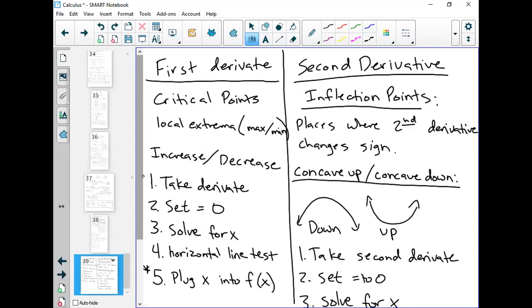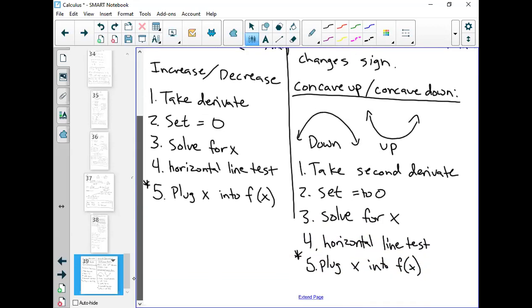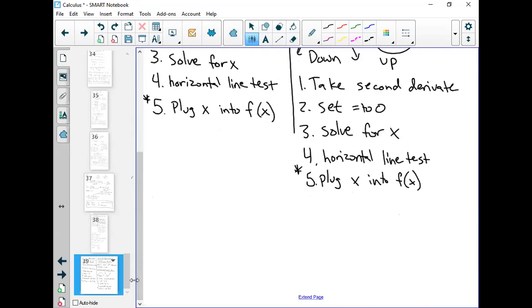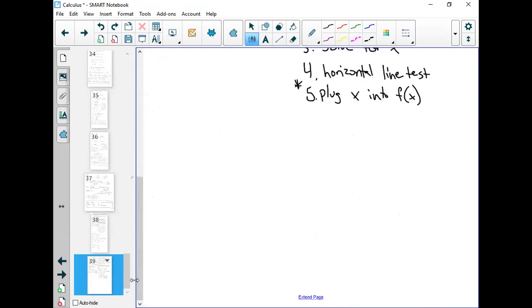I'm going to do an example problem to show how this would go. So we'll take a function like f of x is equal to x cubed minus 2x squared plus 4x minus 1. We're going to take the derivative of that.